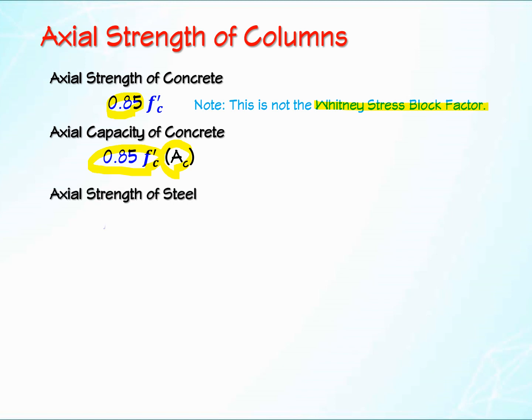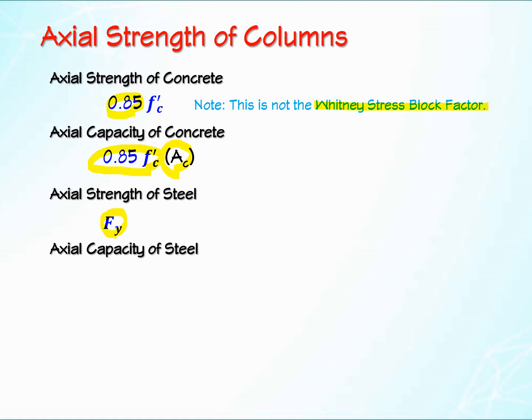Axial strength of steel is Fy. If you recall, axial strength and tensile strength of steel is the same Fy. So if you use Fy of 60 ksi, its axial strength will be 60 ksi too, even though 60 came from tensile test of steel, but we know in compression and in tension, steel strength is the same. Okay? If you are not familiar with that, memorize it.